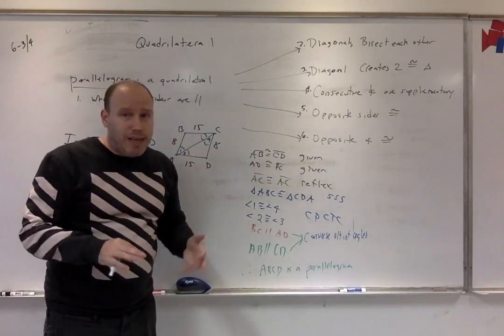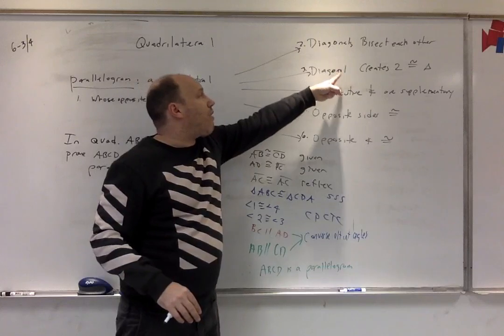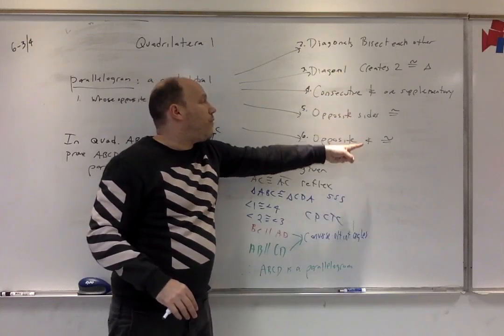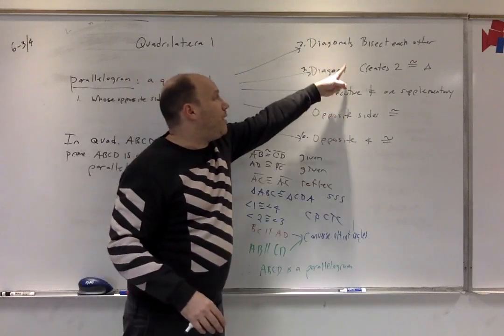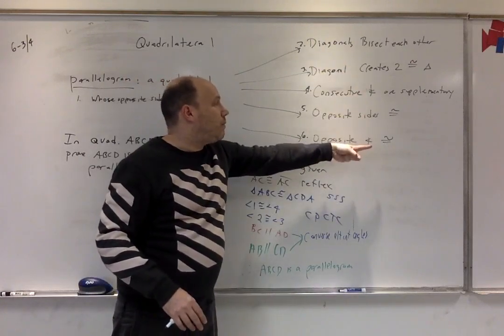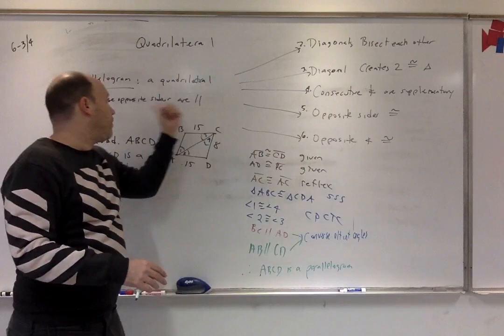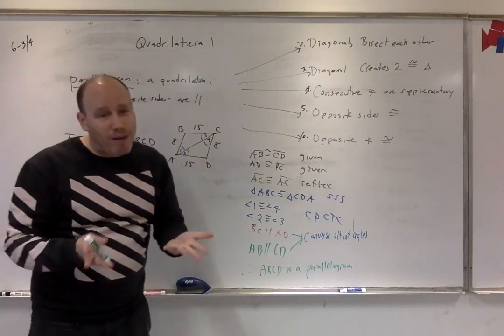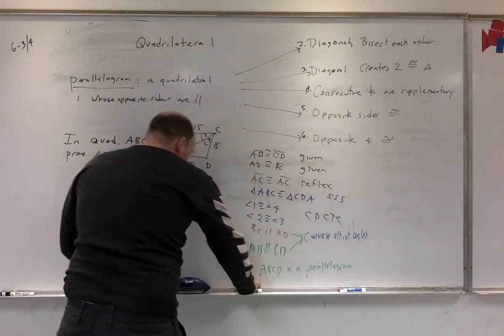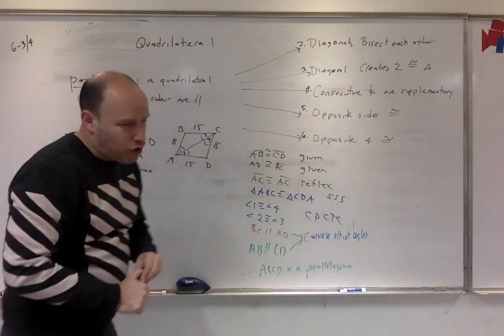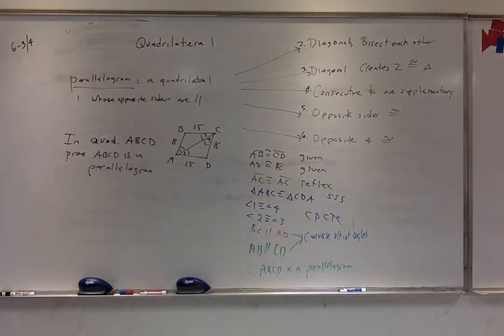But the idea is, if you're told that a quadrilateral has any one of these characteristics, you could technically prove the opposite sides are parallel, and you have a parallelogram. Obviously, we know from experience, the book is going to move toward algebraic solutions. So take a look at the board before I erase it.